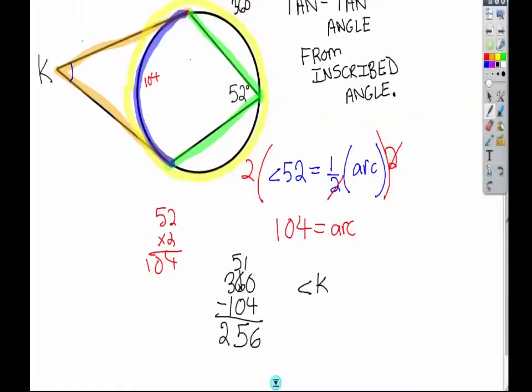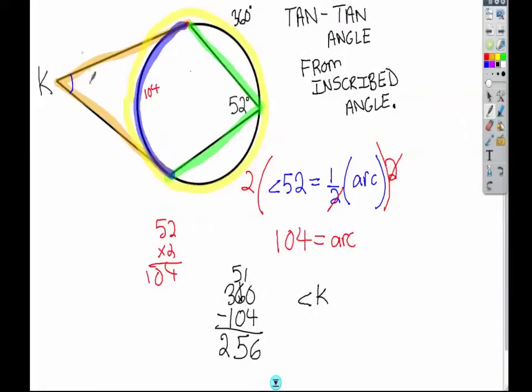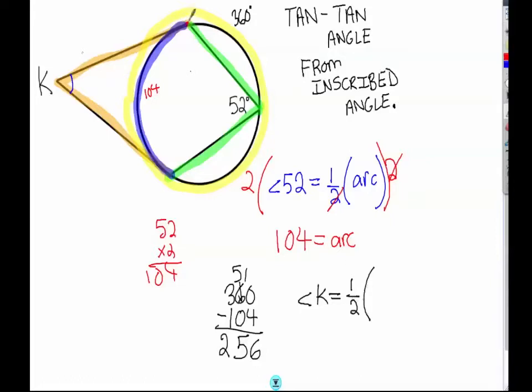So now we know the big arc, and so the tangent-tangent angle, angle K, remember we're talking about this angle up here, is going to equal half of the big arc right here that we just figured out was 256, minus the small one, which is 104. Now 256 minus 104: 6 minus 4 is 2, then we have 5 and 1, so it's going to be 152.